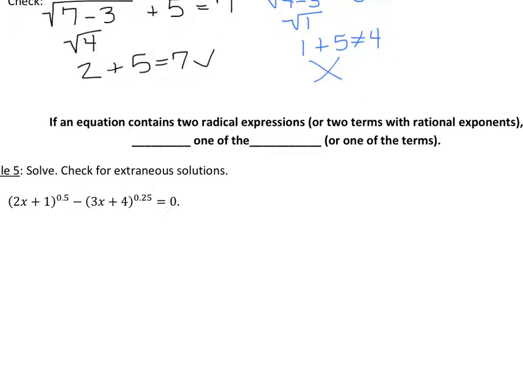If an equation contains two radical expressions or two terms with rational exponents, like down below, one thing here with a decimal exponent, one thing here with a decimal exponent. If that happens, focus on one of them. Okay, so isolate one of the radicals or terms with rational exponents.